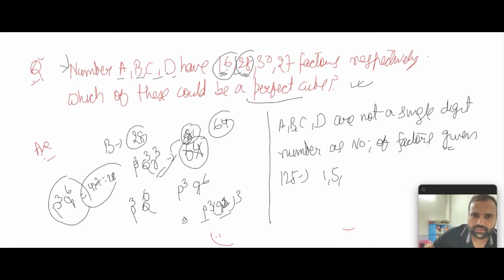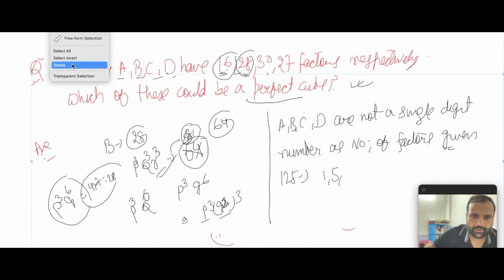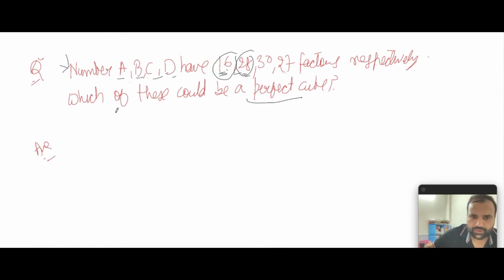Now we can check the same for C as well. For C equal to 30, let's see if we can write anything. For 30 we need to have 5 into 6.